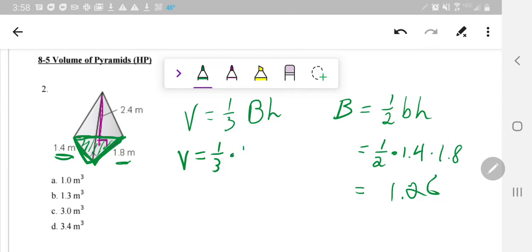Capital B is 1.26, and we have our height going perpendicular to the base, and that's going to be 2.4. I definitely will need my calculator here.